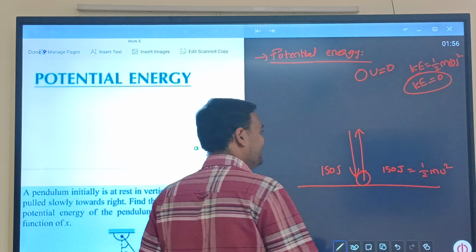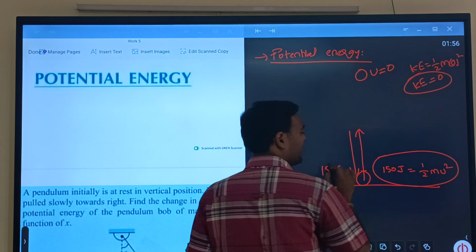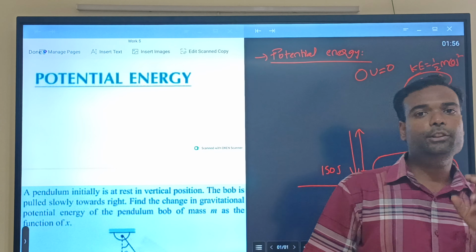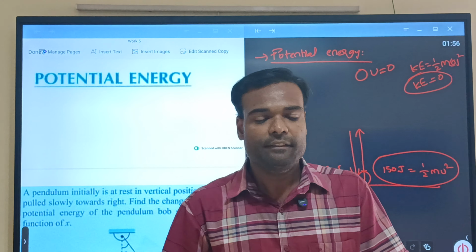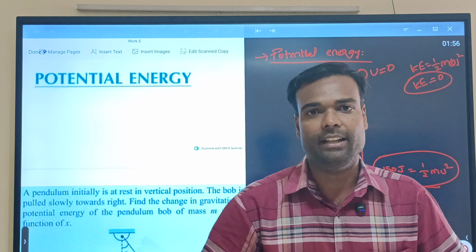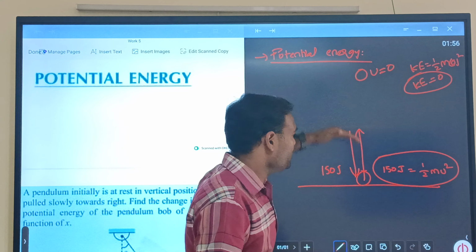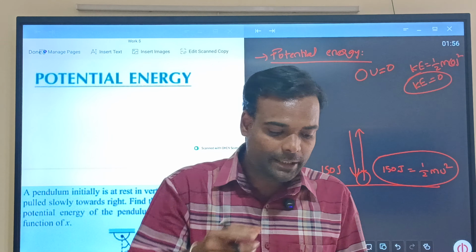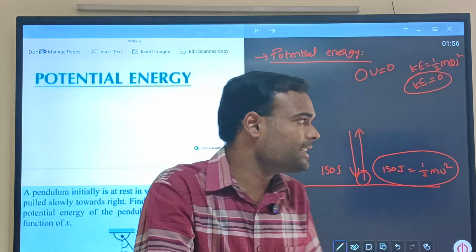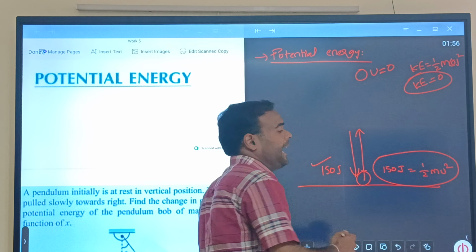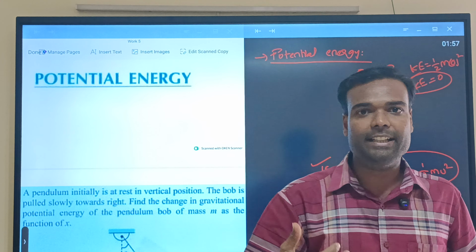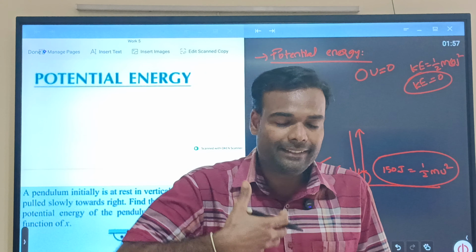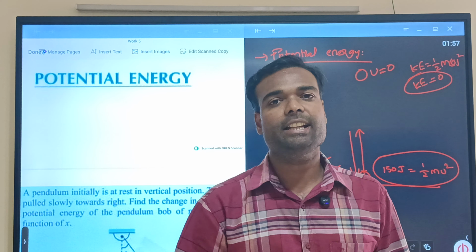That means the kinetic energy is turned into a type of energy which is stored by the system itself, and when it comes back to the original position, that energy is released by the system, and we get the kinetic energy back. The amount of energy, that 150 joules of kinetic energy stored in the system, is known as potential energy.